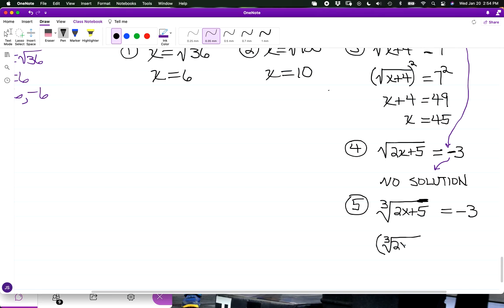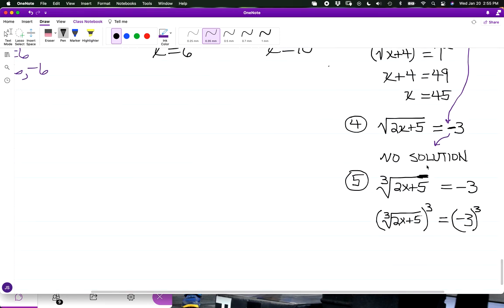And cubic roots can be undone by taking both sides and cubing out. So here we're going to have 2x plus 5 is equal to negative 3 cubed. And negative 3 times itself three times would be negative 27.